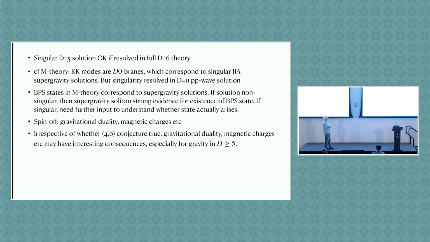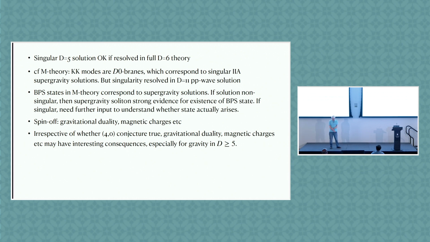So BPS states in M theory give rise to supergravity solutions, which tell you about the field configuration at large distances from the source. If the solution is non-singular, then the supergravity solution is strong evidence for the existence of a BPS state. However, if it's singular, then you need further input to understand whether the state actually arises.